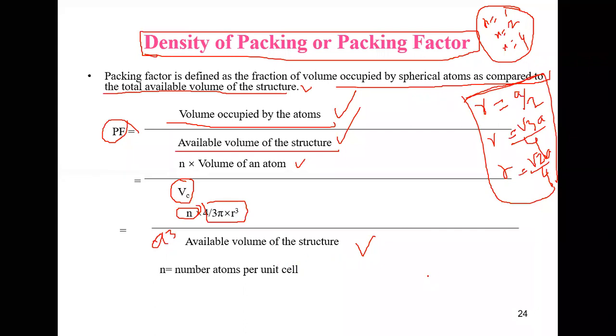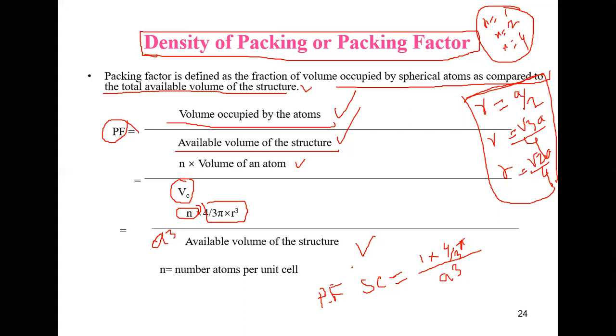Now if I ask you to calculate the packing factor for a simple cubic crystal, at the denominator it will be a cube, and what is the value of n in case of simple cubic? It will be 1 multiplied by 4 by 3 pi and then r cube.